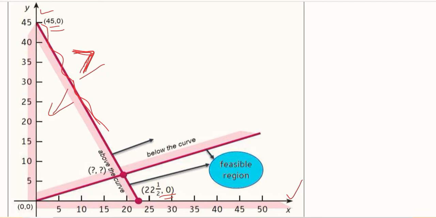And then we have the other constraint that we have plotted, where we had the origin as the intercept, and it had a positive slope because it was 1 over 3x. It was the equation that it had.